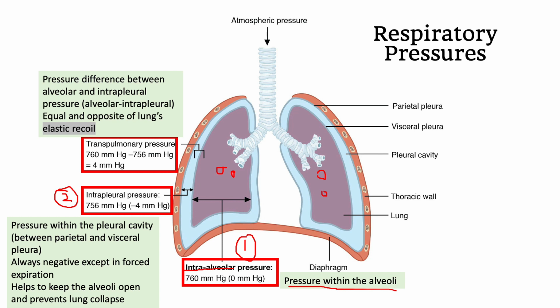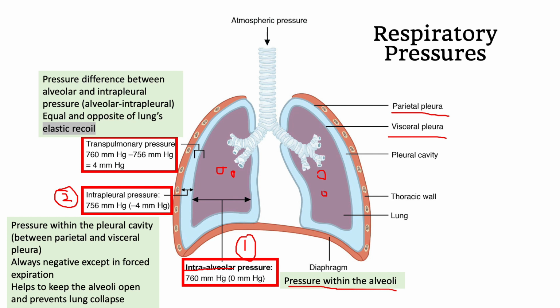you can see that the lung is being held by the trachea here. This is the hilum here. And this is the pleura. The outside is the parietal pleura, and the inside is the visceral pleura. This is what we call the pleural cavity or the pleural space.